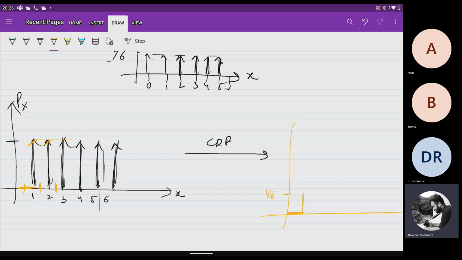So for x equal to 1 and for x equal to 2, it will be 2 by 6. If my x is here, it will be 3 by 6 because I'm adding all the things which are past me. So the value will remain constant at 2 by 6 till 3. Once it encounters the 3, it will become 3 by 6 and so on. It will get saturated to 1.